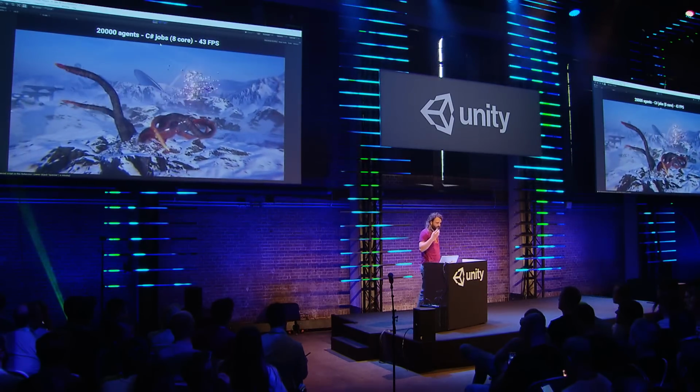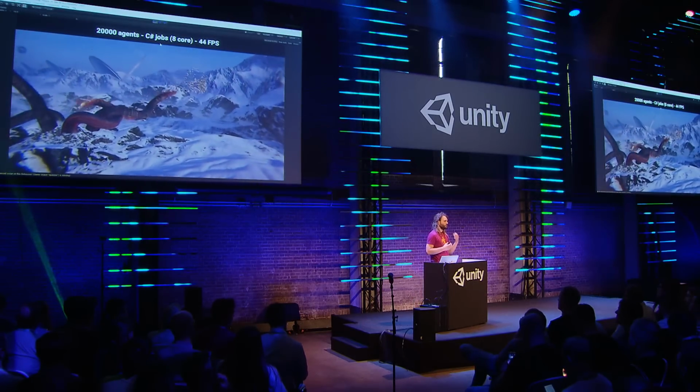So that's one part. The second part is multi-threading your code. That's the process of writing your code in a way that it can run in parallel on multiple processors at the same time, running asynchronously to the main thread, doing processing while the main thread is doing other work. And then lastly, it's about generating the most efficient code.